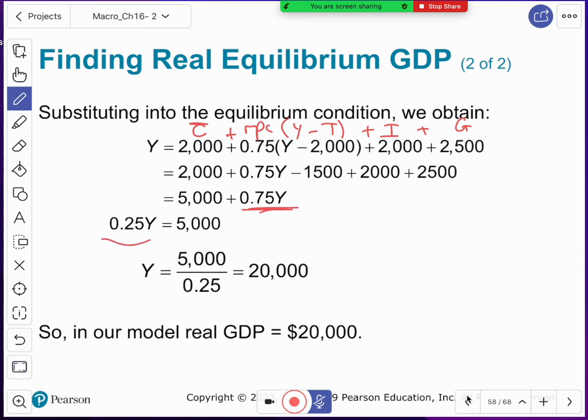So it's going to be 1 minus 0.75, and it's going to give us 0.25, and then you can compute out of this the equilibrium real GDP, or equilibrium Y. Okay, and this would give us, based on the numbers, 20,000.